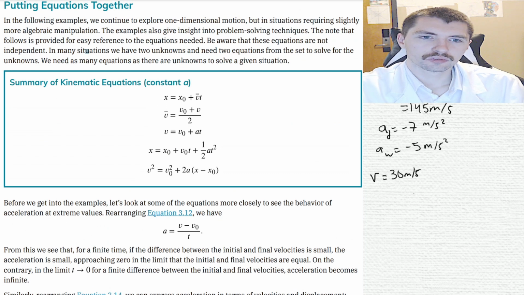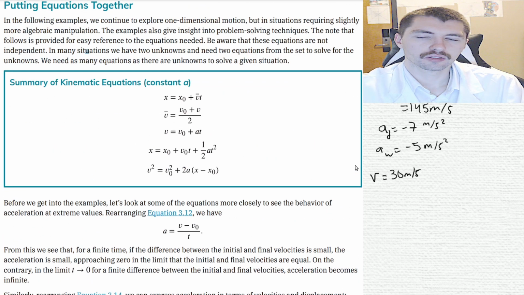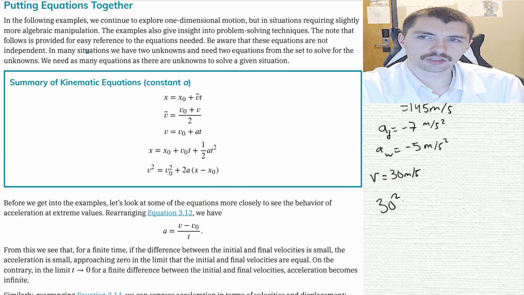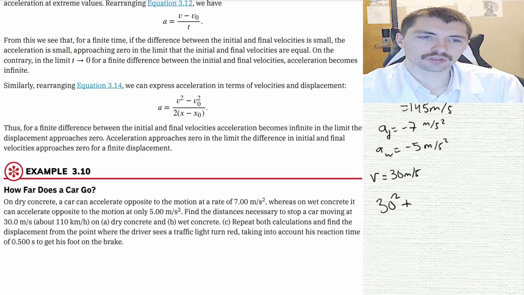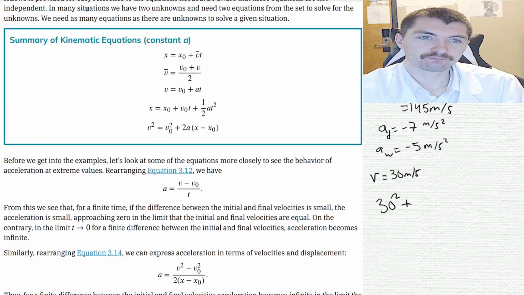So we don't know T, right? Okay. So 30 squared plus, the initial velocity is 30. Don't know time.